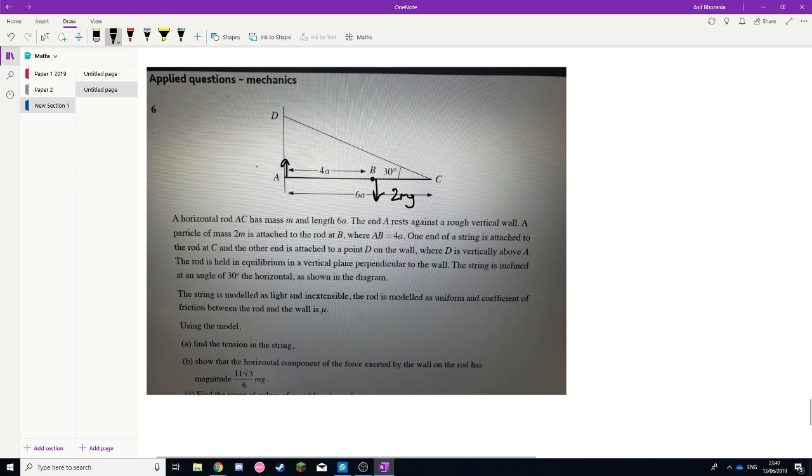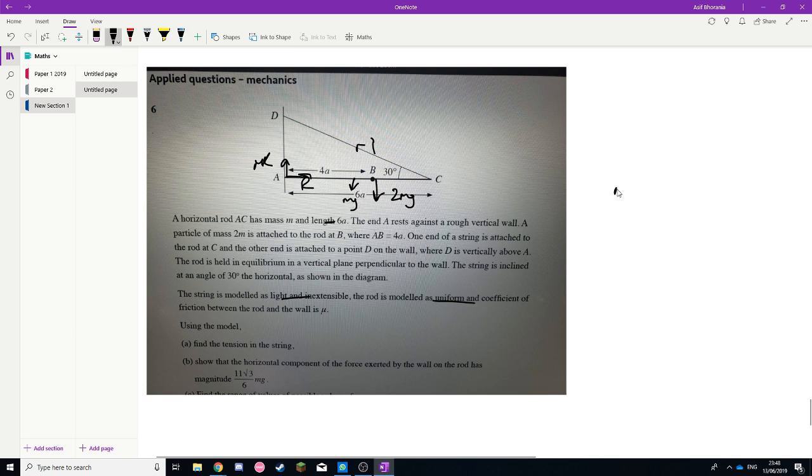This is going to be mu R. This is R. Tension in the string T. Is the mass uniform? Light and extensible. So you also have this mass here, mg.